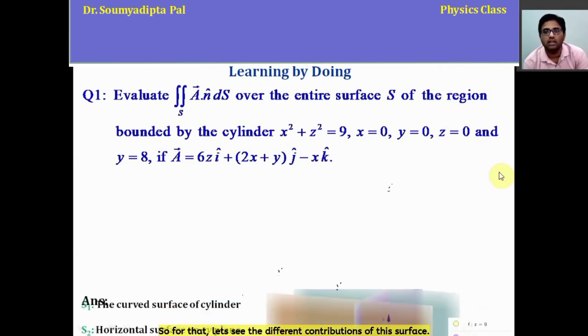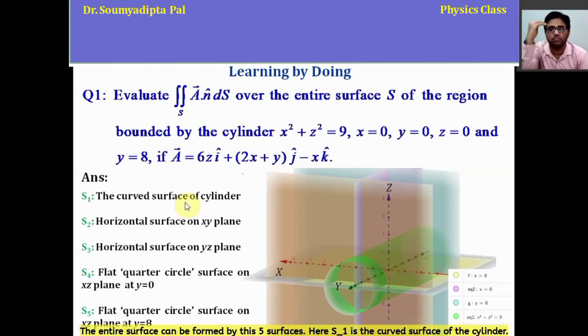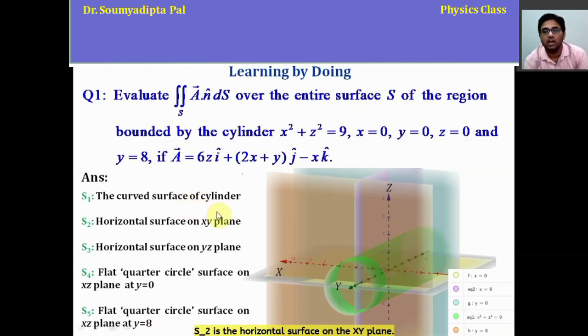For that, let's see the different contributions to this surface. The entire surface can be formed by these 5 surfaces. Here S1 is the curved surface of the cylinder. S2 is the horizontal surface on the XY plane.